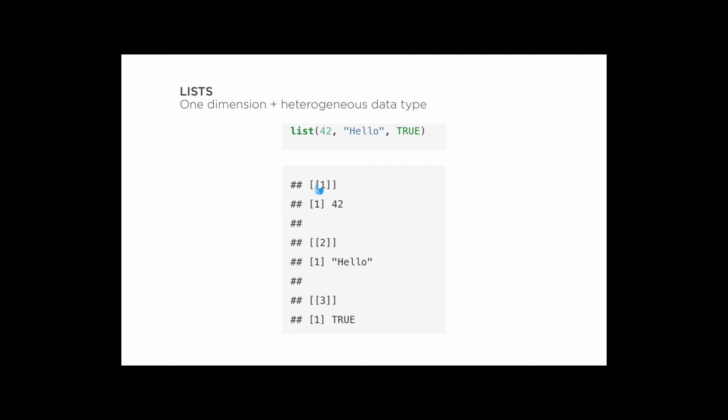Inside each of these double square brackets, you have the elements of the list. And each sublist, I would say each element of the list, within itself can contain lists or vectors, multiple vectors.